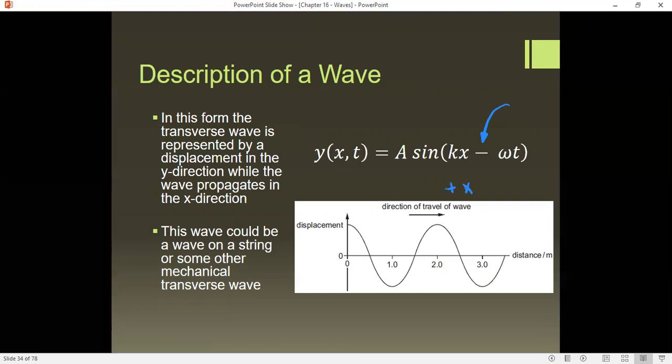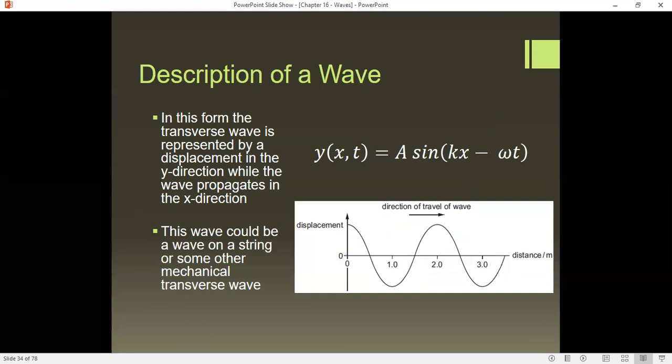Originally, if I graph this, it would look something like this. I usually have such a problem drawing this. This would be t equals 0.